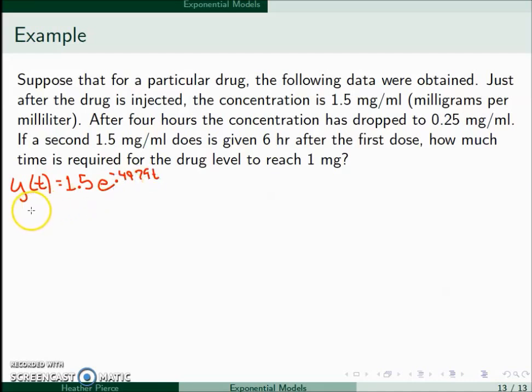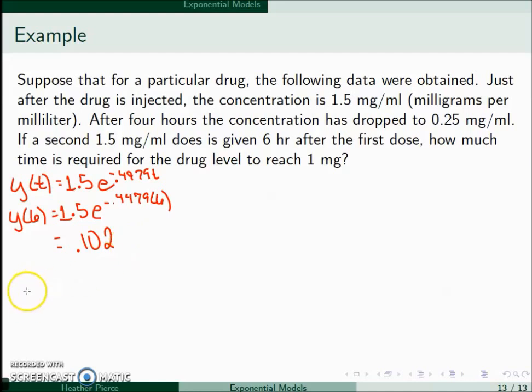So first, let's see how much is left after 6 hours. So for y of 6, I have 1.5 e to the minus 0.4479 times 6, which gives 0.102. So after 6 hours, we have 0.102 left.